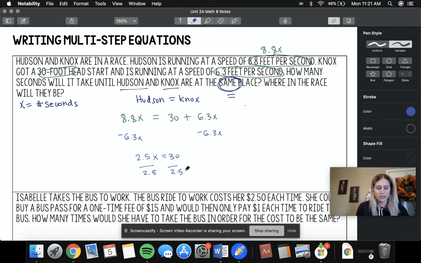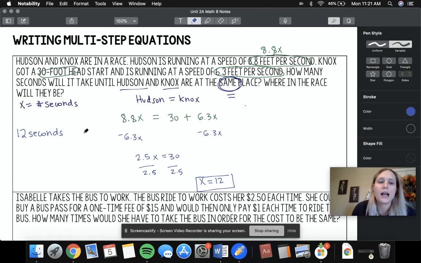And 30 divided by 2.5 is 12. So x equals 12, and x is representing seconds, so it will be 12 seconds.